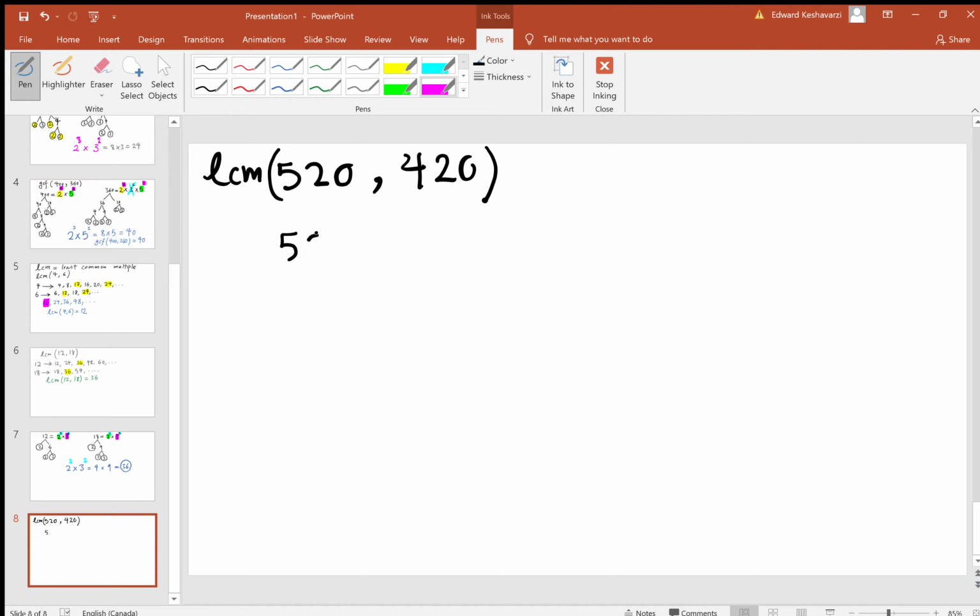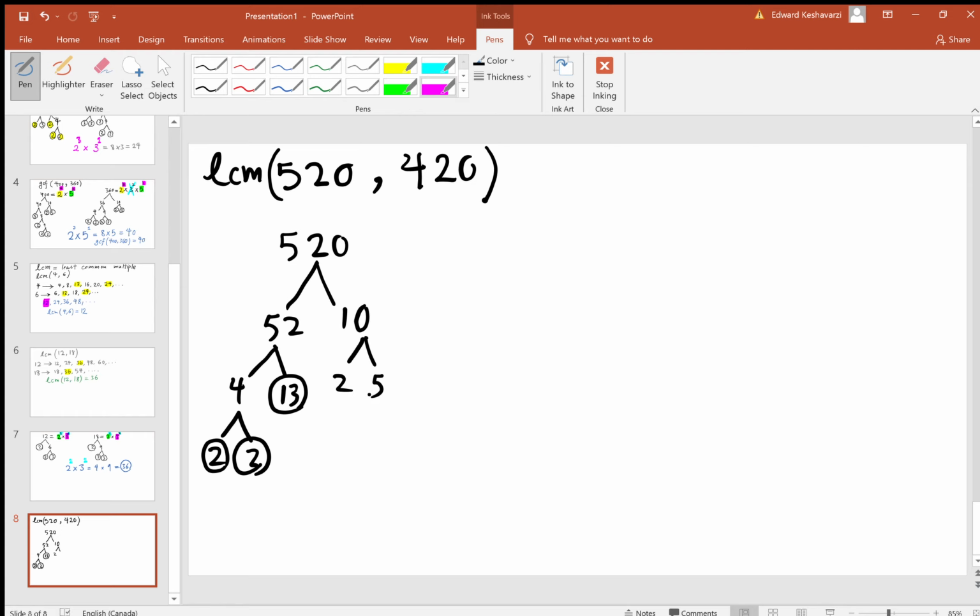So 520 is 52 times 10. 52 is 4 times 13, and 13 is a prime number. So 2 times 2 and 2 times 5. So 520 is 2 cubed times 5 times 13.